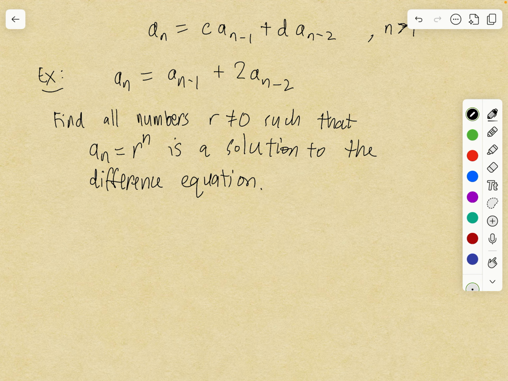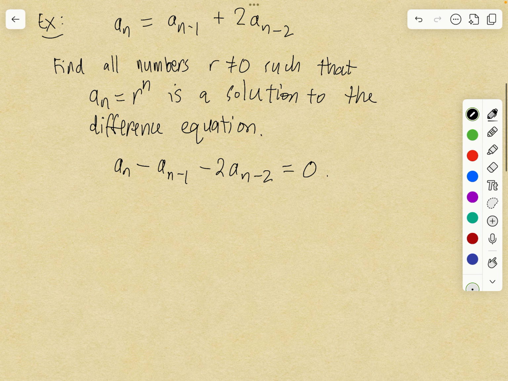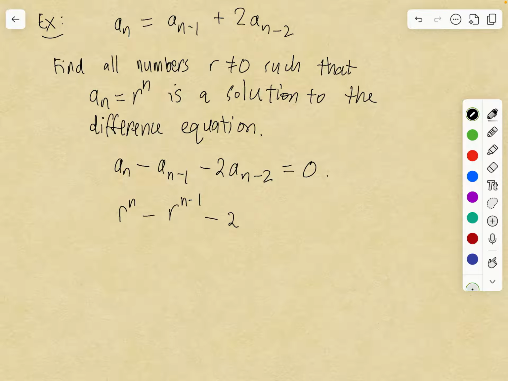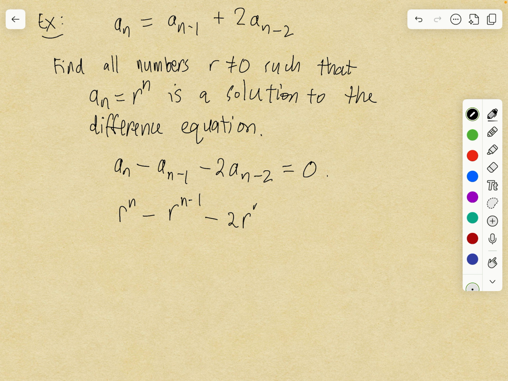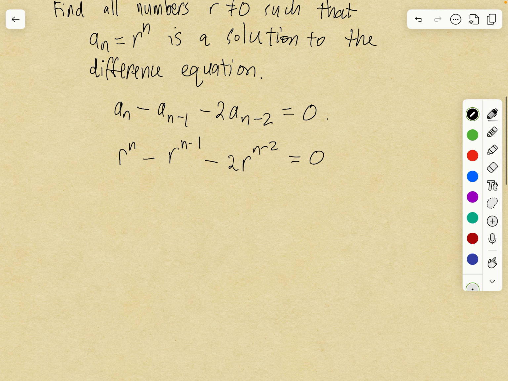In this case, it helps to write a_n minus a_{n-1} minus 2 times a_{n-2} equals 0, just to get 0 on one side. Now if a_n equals r to the n, then we have r to the n minus r to the n minus 1 minus 2 times r to the n minus 2 equals 0.